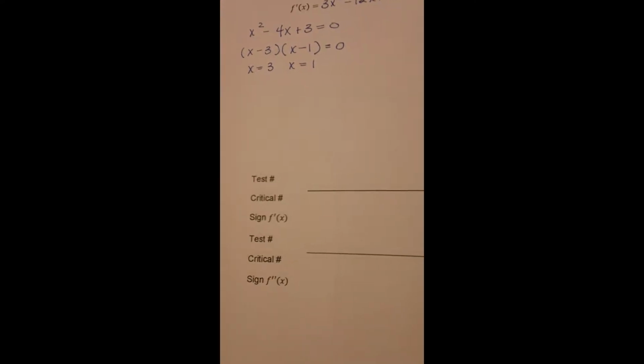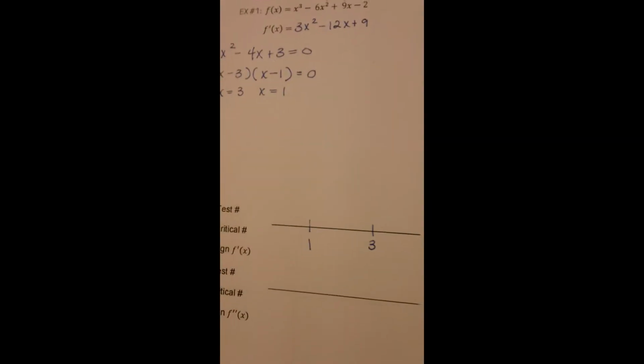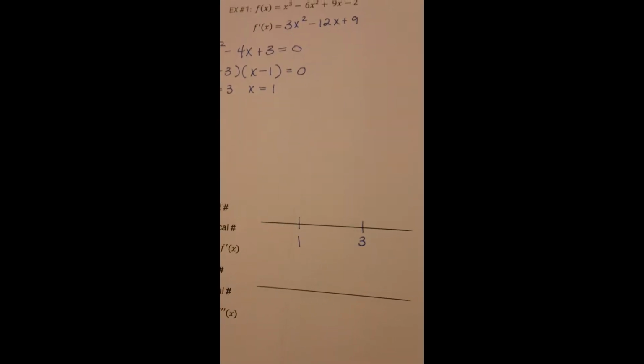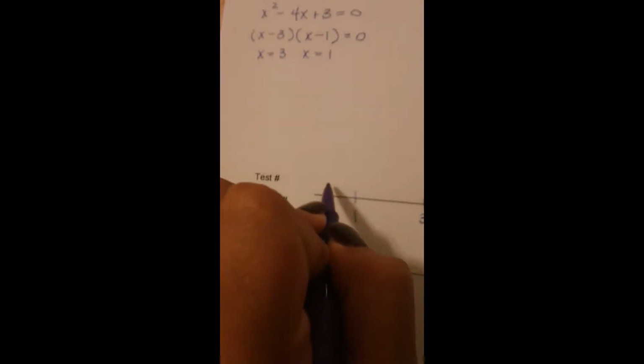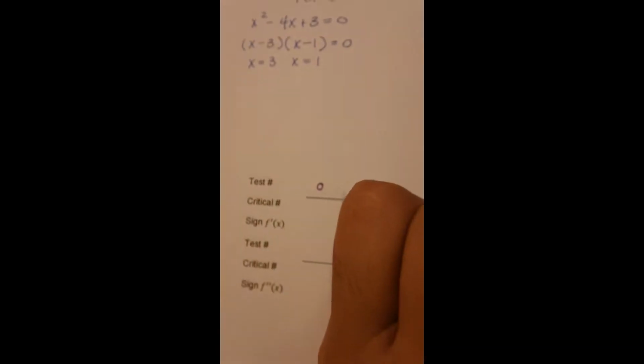So we're going to jump down here where we've got already a sign chart. So our critical numbers are in order, 1 and 3. We need some values in between, and I just went with 0, 2, 4.